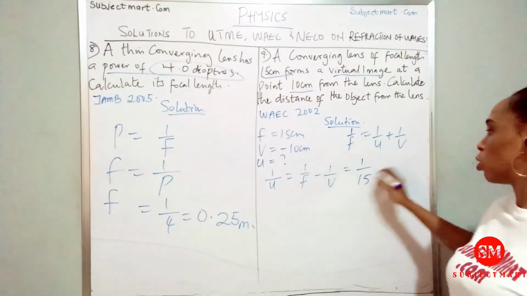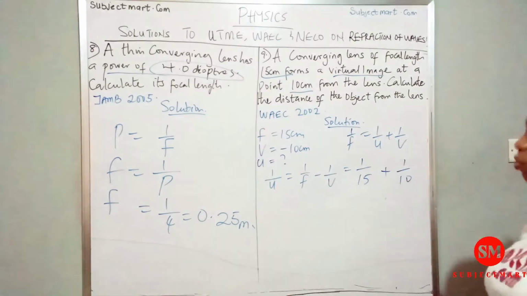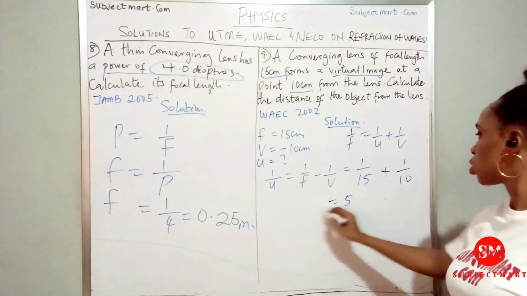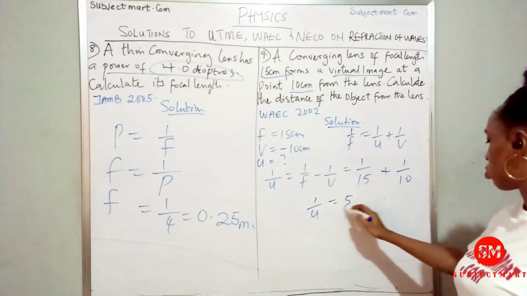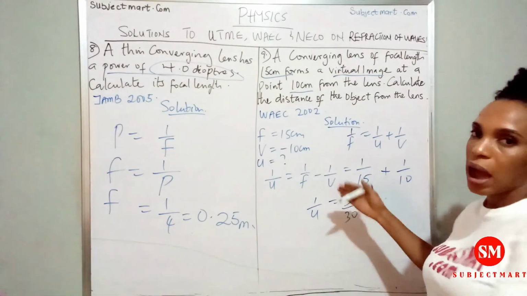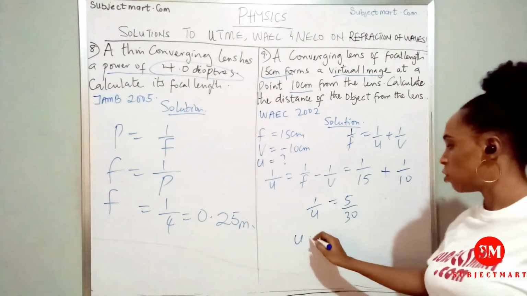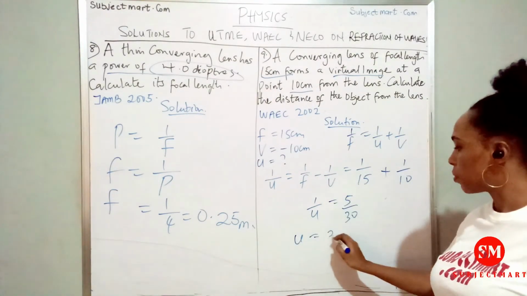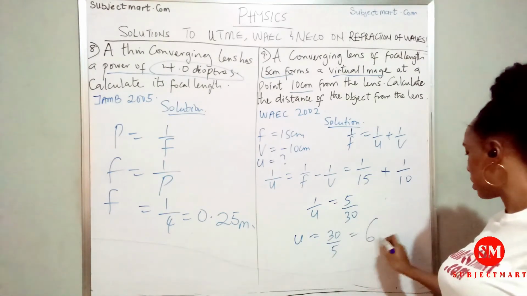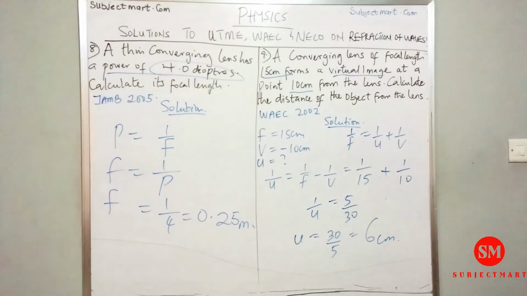So minus times minus will give us plus. So I have 1 over 10. I want to believe that is clear. So this will be equal to 1 over U is equal to 5 over 30. So to get U, I'll turn it the other way, that's the reciprocal. Then I have 30 over 5, which equals 6 centimeters.